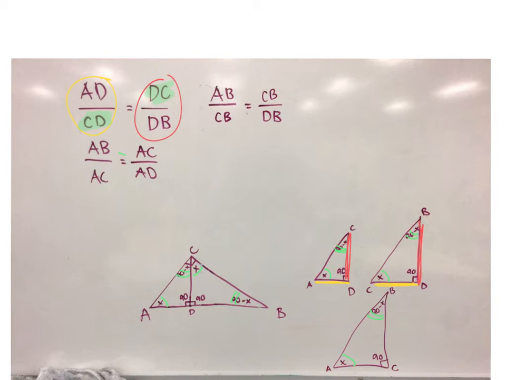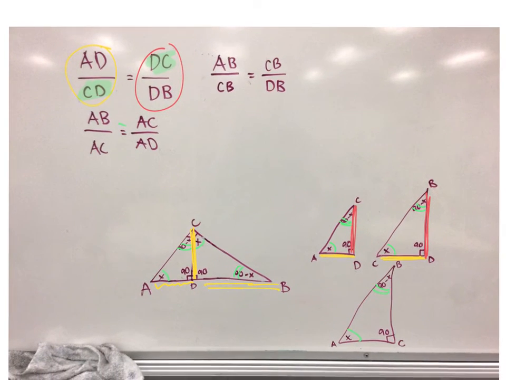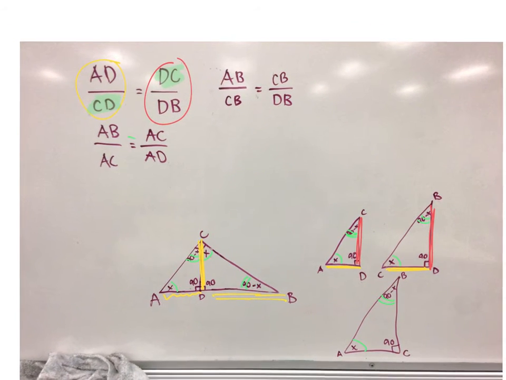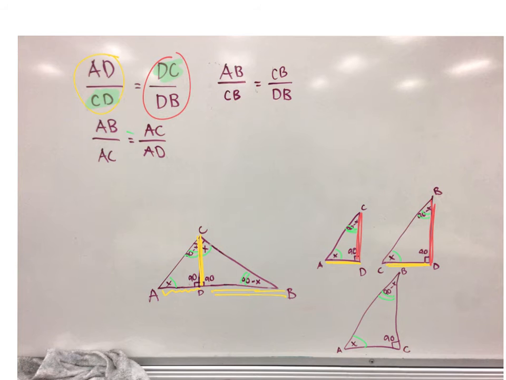If you're looking at your picture, that means that CD, the altitude, is the geometric mean between AD, the left-hand part, and the right-hand part of that original hypotenuse. So that's an interesting relationship, but it all goes back to those two similar triangles. So not something that you need to really memorize, just a conclusion statement that we can make.